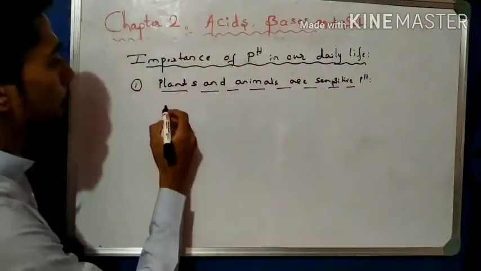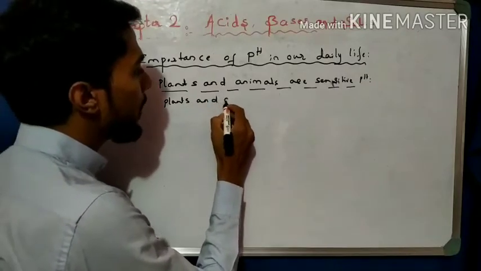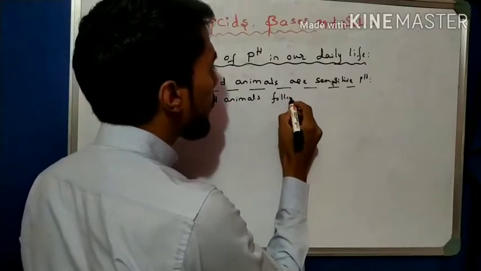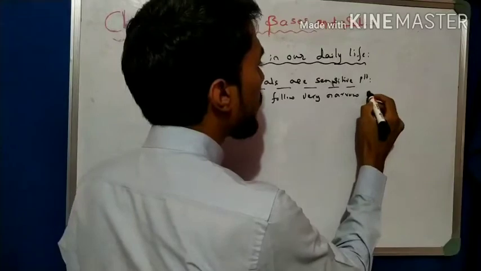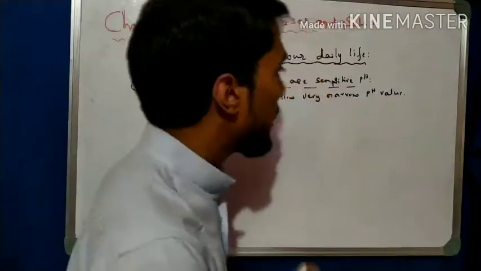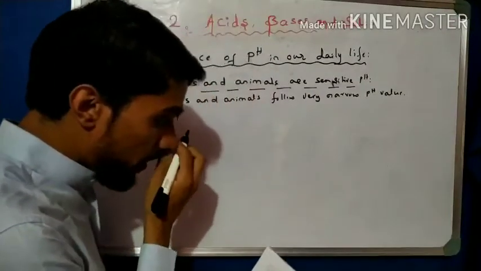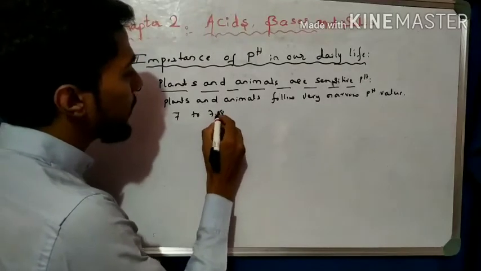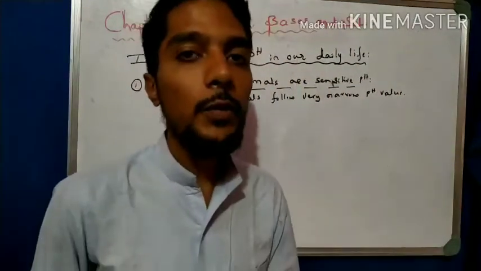So plants and animals both are taken here. Plants and animals follow a very narrow pH value, that is, the organisms require a pH from 7 to 7.8.